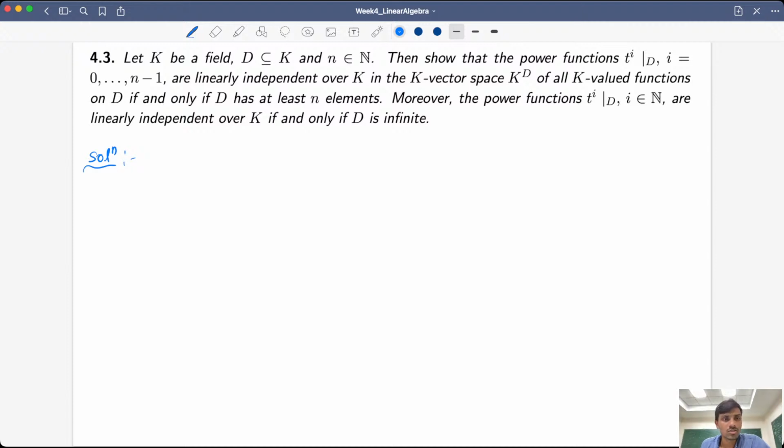So consider the other direction, which is the easier way.